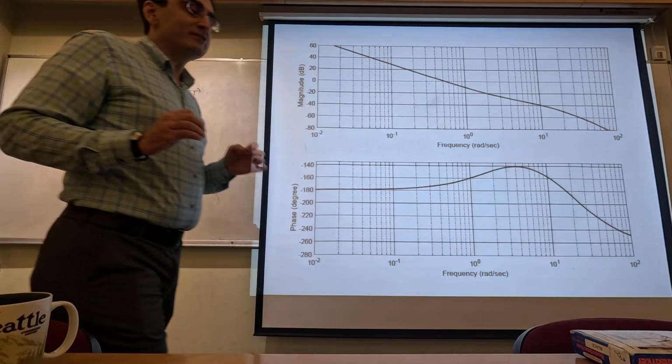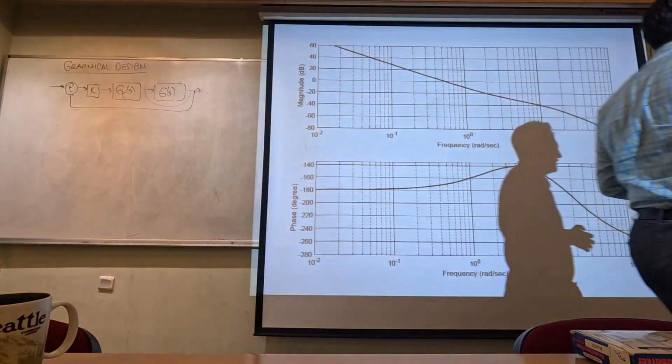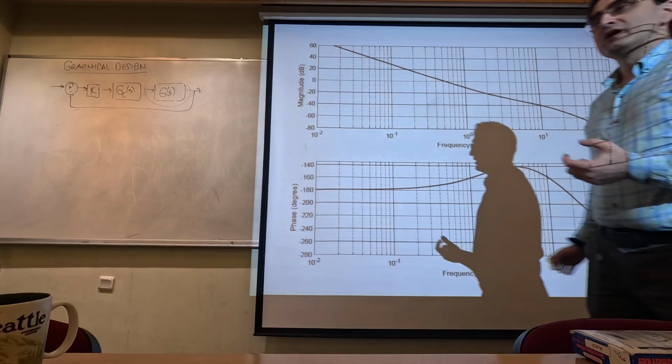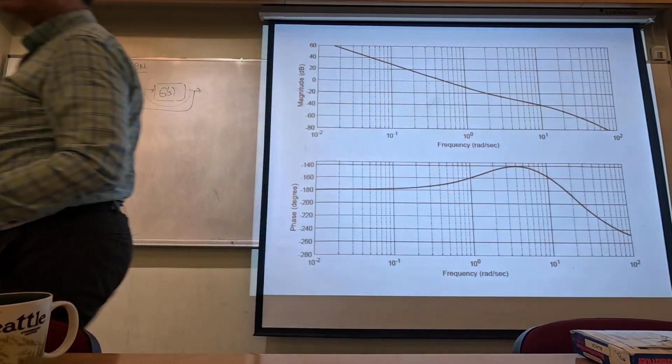So far in the phase lead and phase lag compensators, we have designed our compensators by knowing G of s. G of s was given to us, and that was the analytical design. So today we are going to be looking at the graphical design instead.